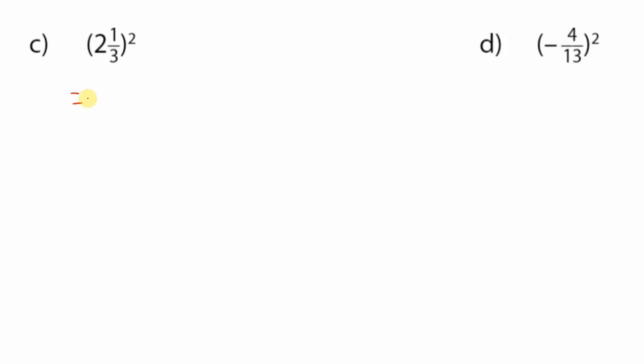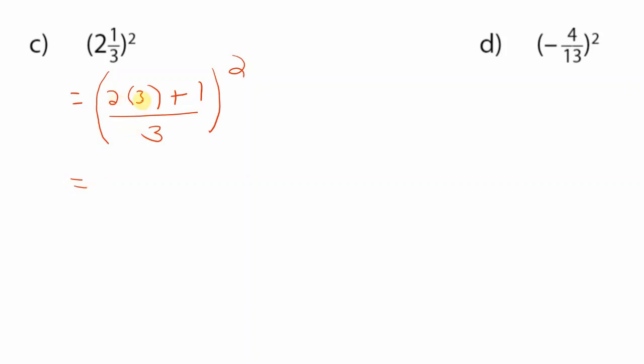So how do we do that again? We take the whole number, multiply it by the bottom number or the denominator, add the numerator, keep the denominator the same. And then all of that we can square.